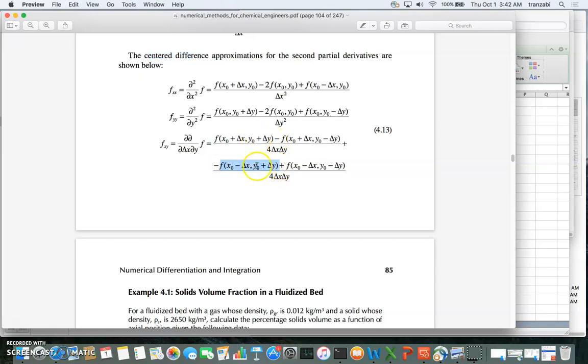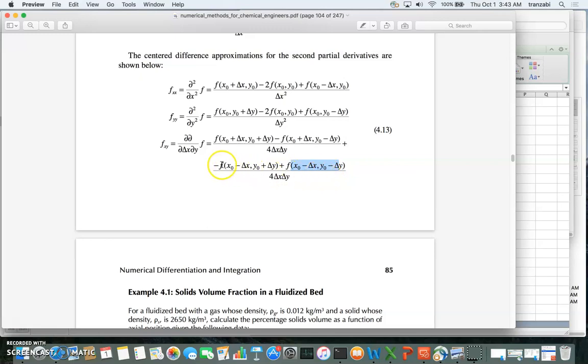So in these two, we are fixing y plus delta y, and we are changing x from x plus delta x to x minus delta x, right? So in these two, we are changing x and fixing y. In these two, we are also changing x but fixing y, right?